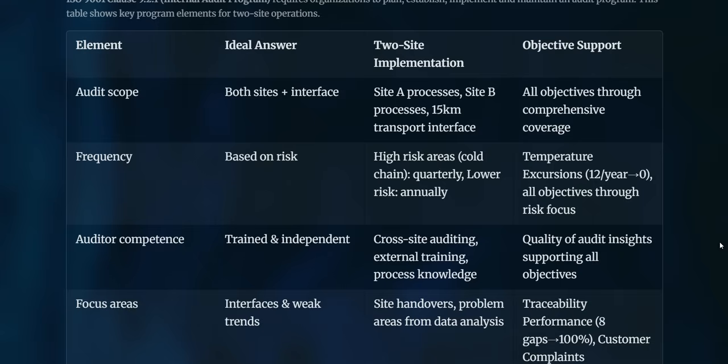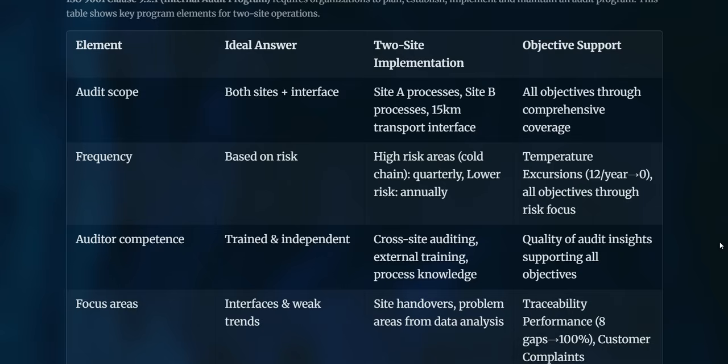Second element, frequency of the audit. Ideally, it should be based on risk. And in our two-site implementation, high-risk areas like cold chain should be audited quarterly, and low-risk areas should be audited annually. The objective support with frequency of our audit here includes temperature excursion elimination and all objectives through risk focus.